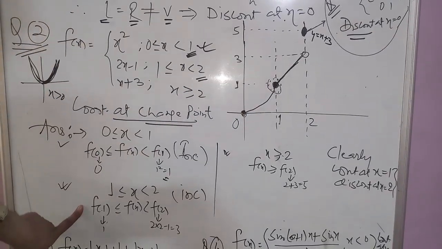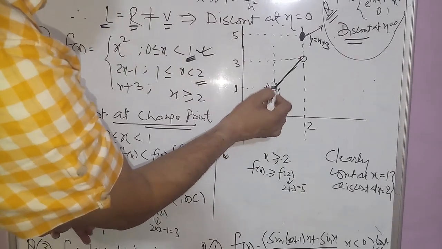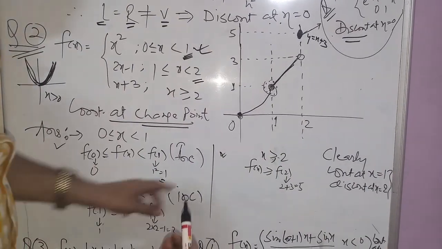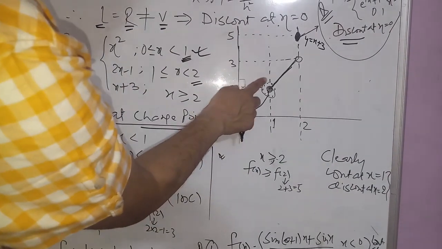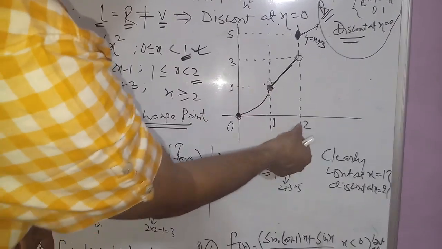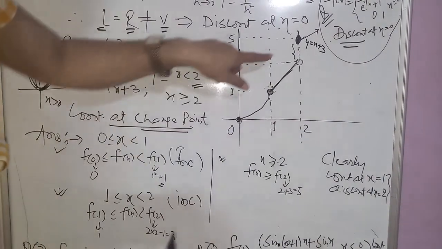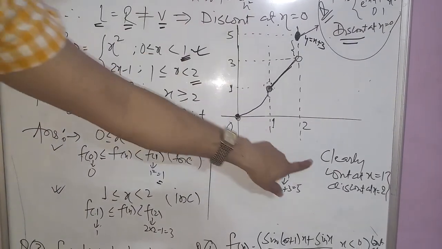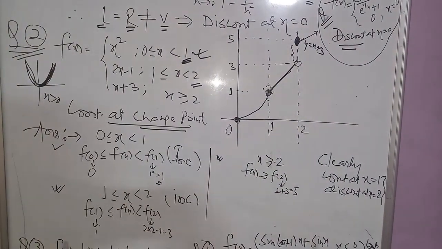Like in second case, f of 1 becomes closed, included, and so clearly at x equal to 1, function is continuous, and at x equal to 2, there is a vertical displacement, so function is discontinuous. So clearly continuous at x equal to 1, discontinuous at x equal to 2.